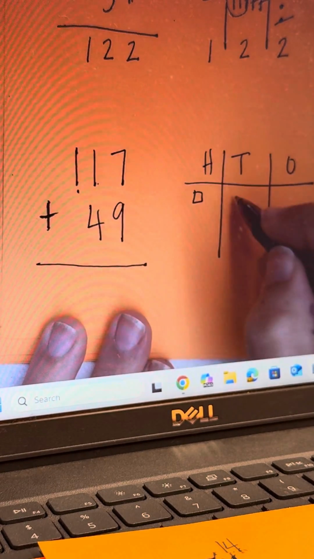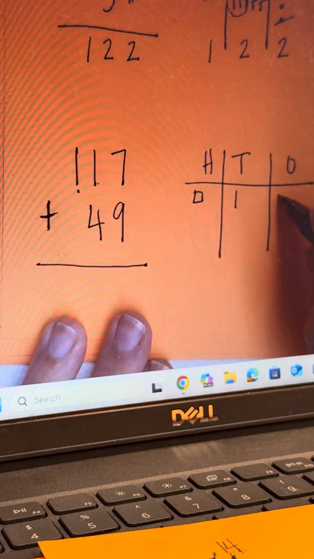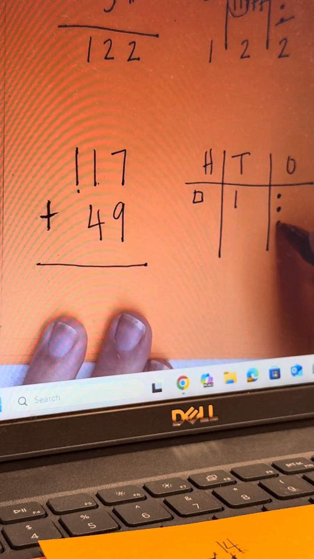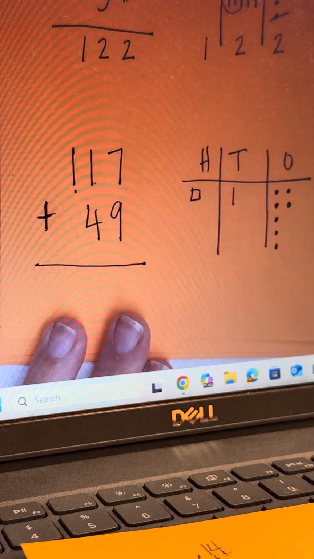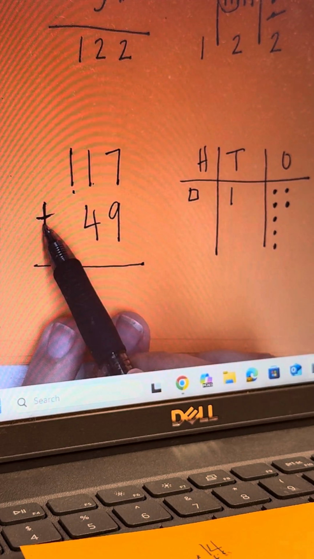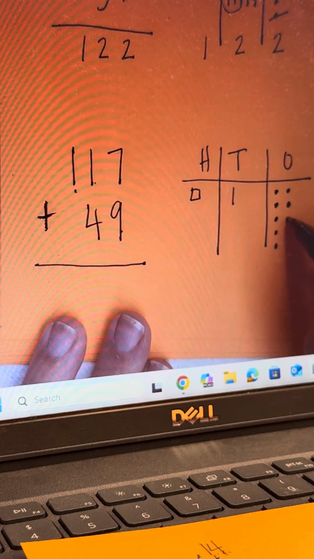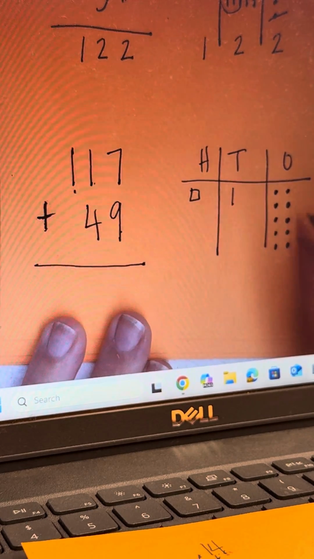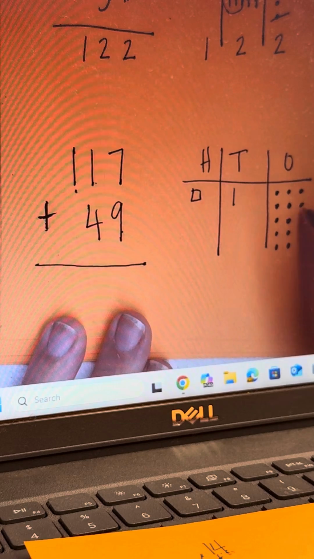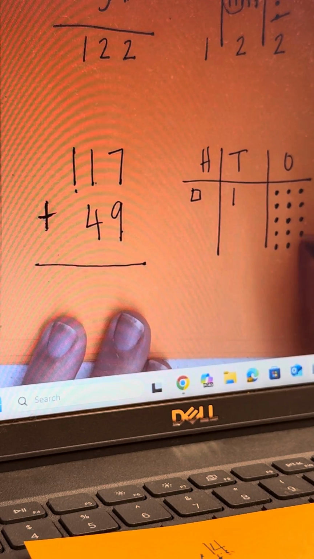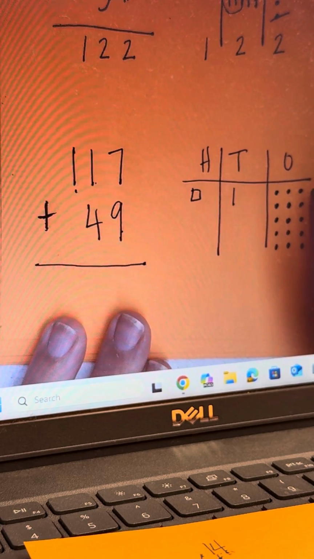I have a 1 in the tens place. I have 7 ones. Again, making that nice and neat. I'm adding, so I'm going to draw 9 more ones. 1, 2, 3, 4, 5, 6, 7, 8, 9.